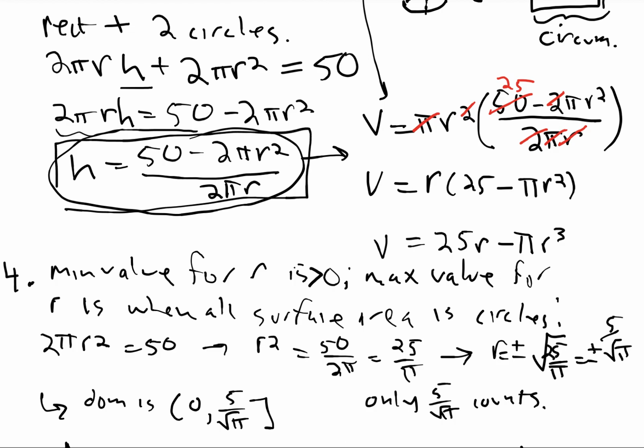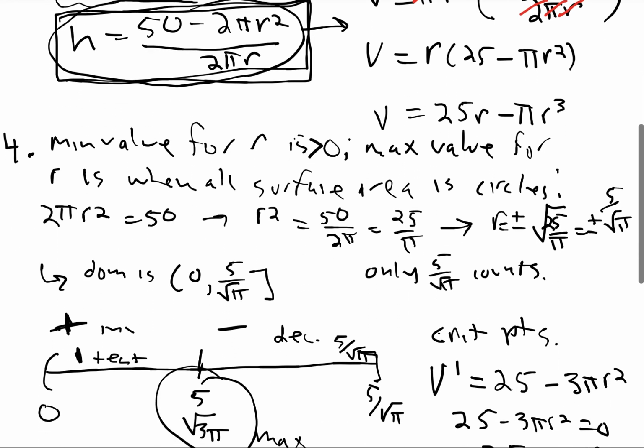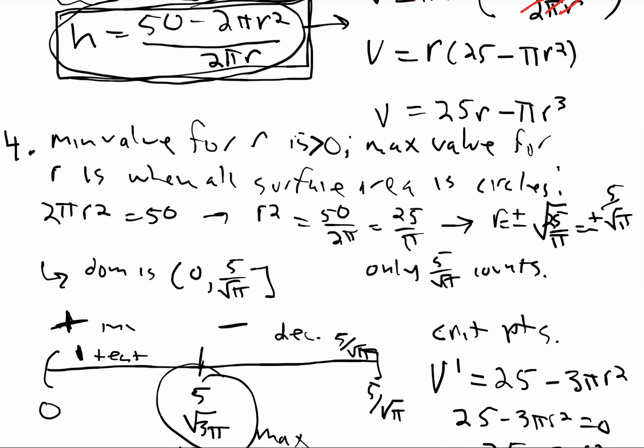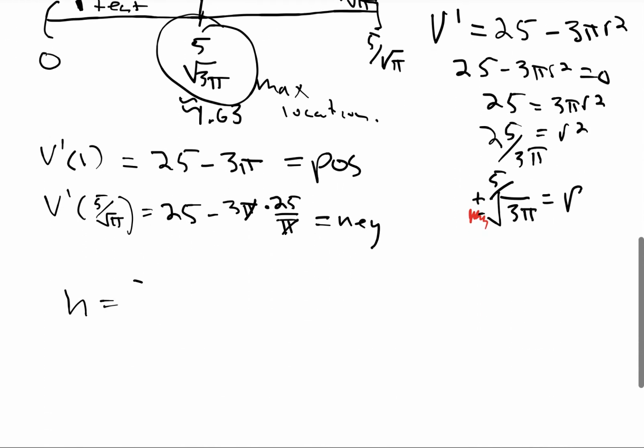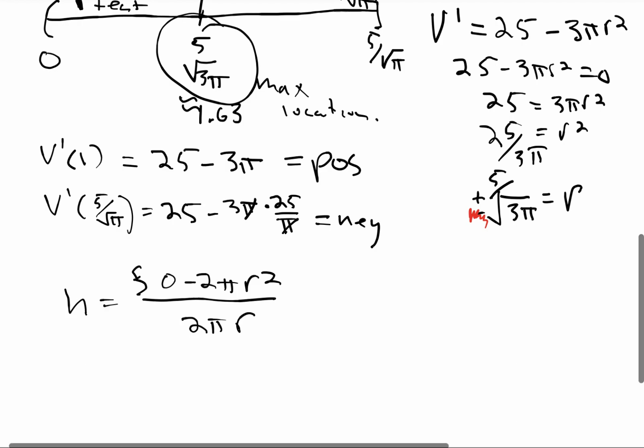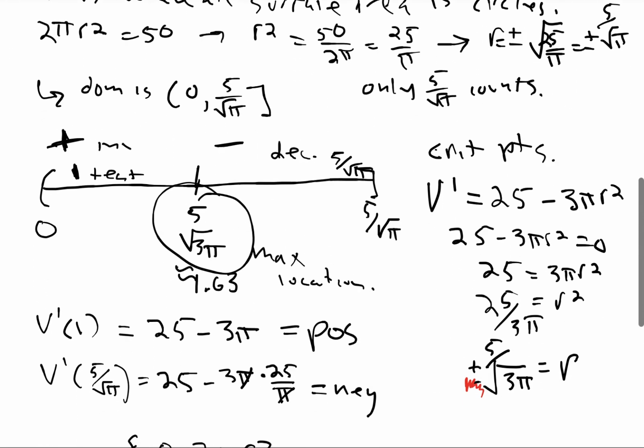If I wanted to, I can plug this back in to figure out what my H was. So I'll keep that in mind: 50 minus 2 pi r squared, over 2 pi r.